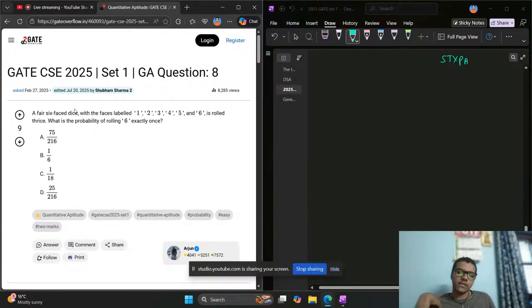So a 6-faced die. That's good. Roll thrice. What is the probability of 6 rolling exactly once? So 6 exactly once, how can you do this? Exactly once, right?